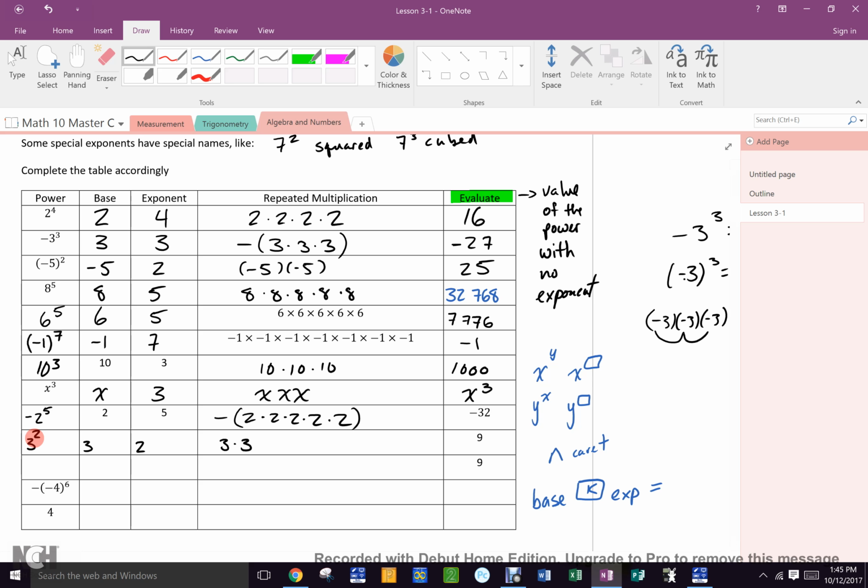I could do -3 times -3, which would mean my base would be -3. My exponent would be 2, and my power would be bracketed -3 squared.